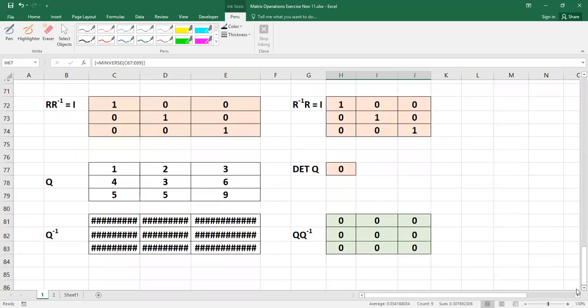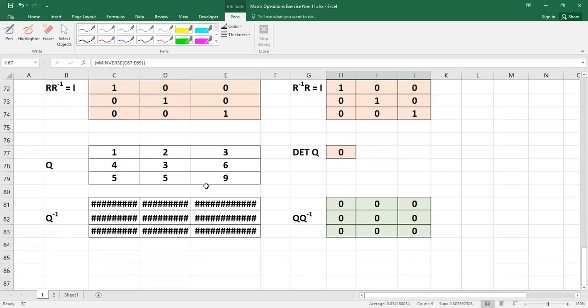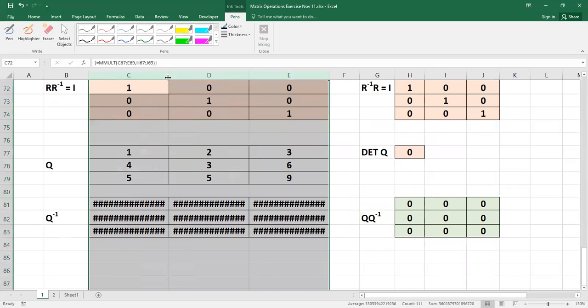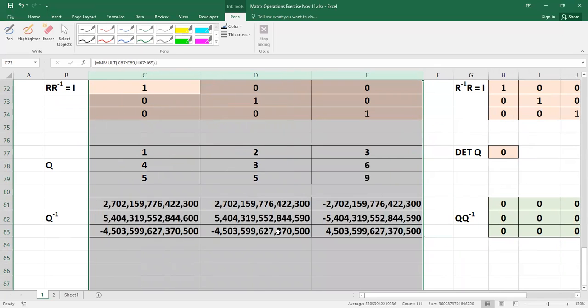Okay, and then we had an example last time. This is your matrix Q, and we determined that the determinant of this matrix is 0. So when we got the inverse of that matrix, Excel seems to return some numbers, but these are very strange numbers.